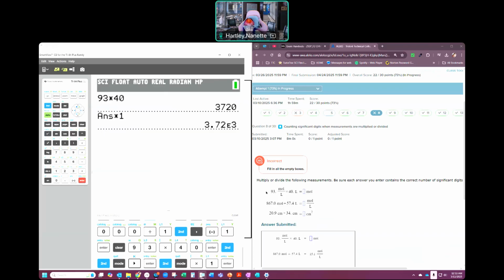And because I only have 2 sig figs here, then I would put this in as 3.7 times 10 to the 3rd. Because that will take care of your sig figs for you. So it's 3.7 times 10 to the 3rd.